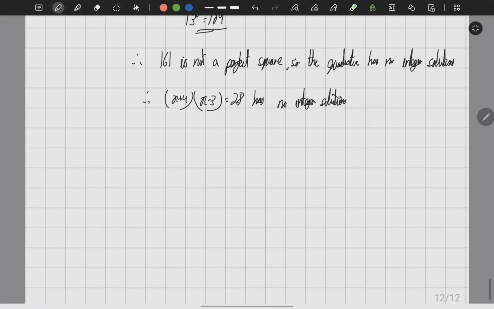Now we are on to our last proof, proving multiples of things. So proof 8: if n squared is a multiple of 3, then n is a multiple of 3.